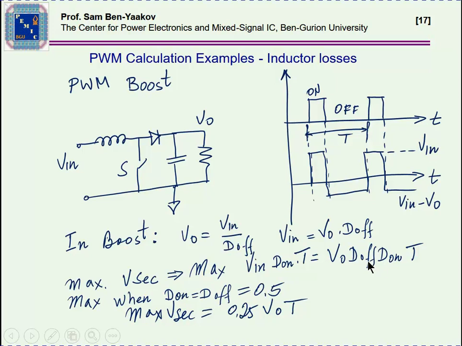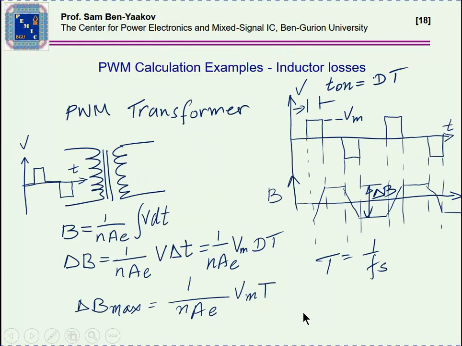And as it turns out, the maximum value of this is when D off is 0.5 and D on is 0.5 and the product is 0.25. So you can say that in the case of the boost converter, the maximum volt second that you will have is 0.25 V out times T, the period of the switching cycle. Very simple. Once you have, of course, the volt second, you get delta B.